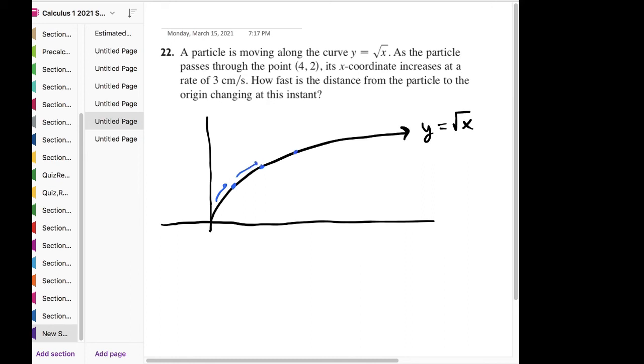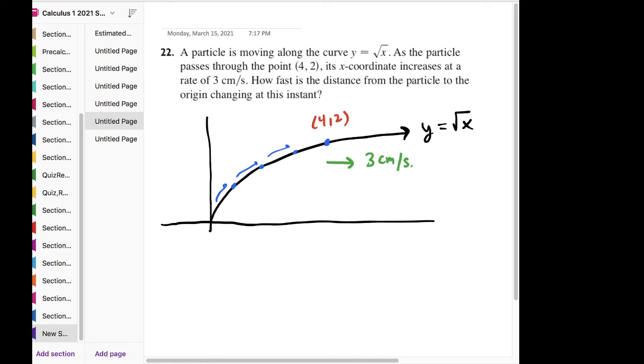We don't know how fast it's going, but we do know that at (4, 2), the x speed is increasing. I won't write everything out, but it's going to be 3 centimeters per second.